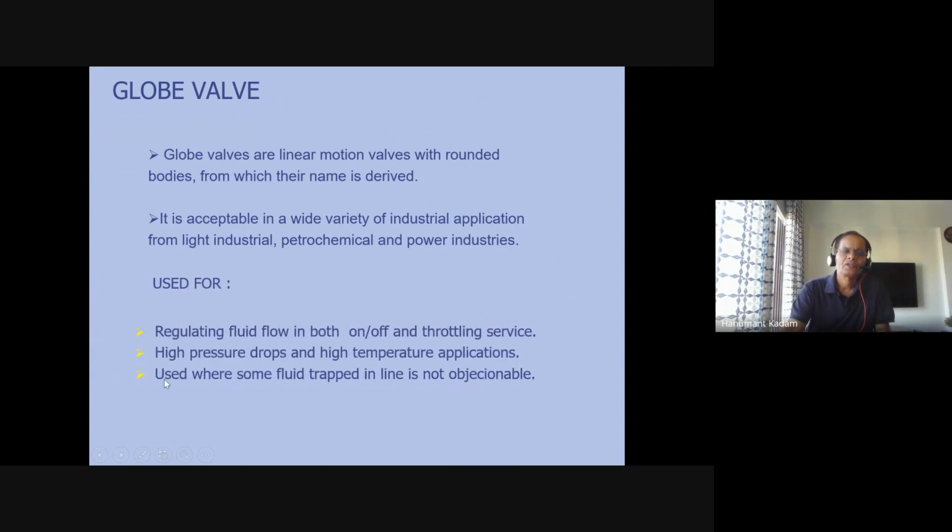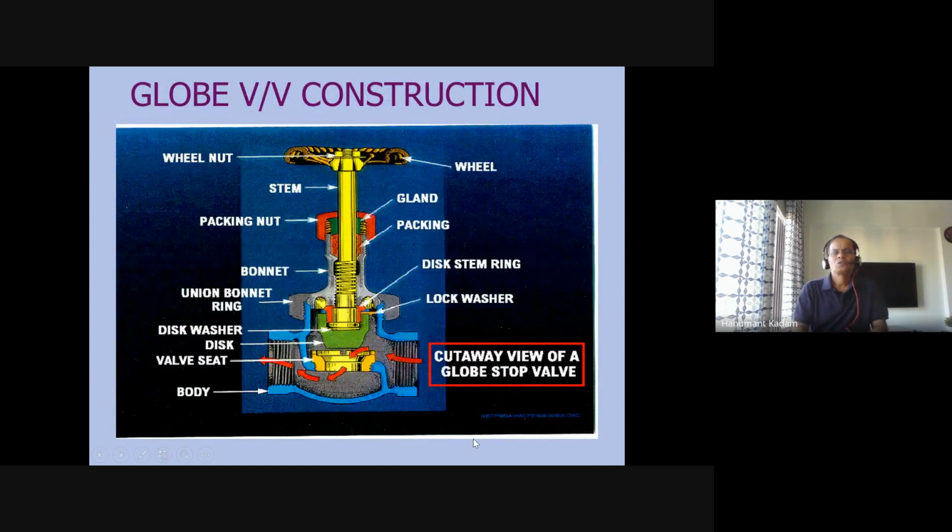Used for regulating fluid flow in both on-off and throttling services, high pressure drops, high temperature applications, use where some fluid trapped in line is not objectionable. So the globe valve is very important as far as the industry is concerned. Most of the refineries you see these valves, maximum valves.